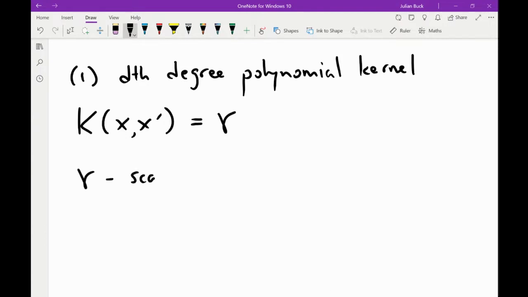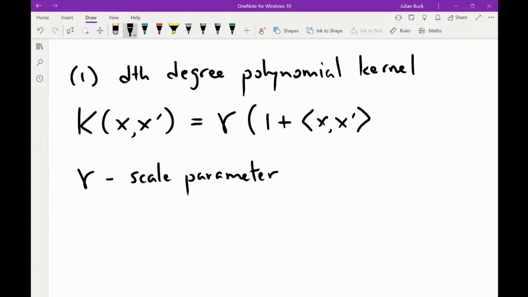Gamma here is just what we're going to call a scale parameter, and this is a tunable hyperparameter for an actual implementation. And then 1 plus, and I'm going to explain this notation in a minute, angle bracket x comma x prime. So we compute something having to do with x and x prime, and then we take that to the power d, where d is basically the corresponding polynomial degree.